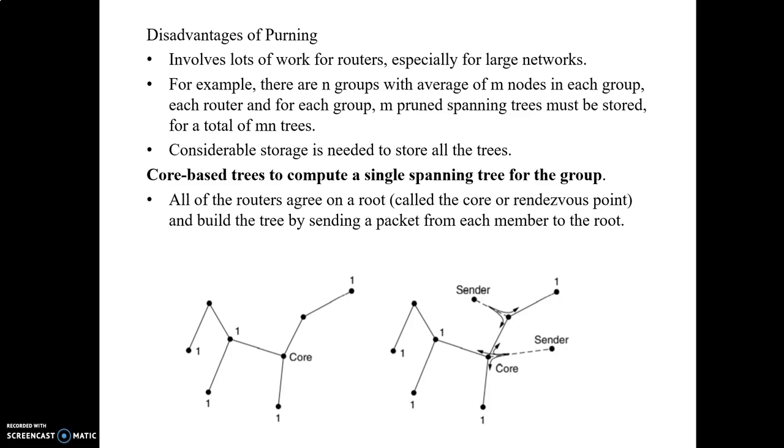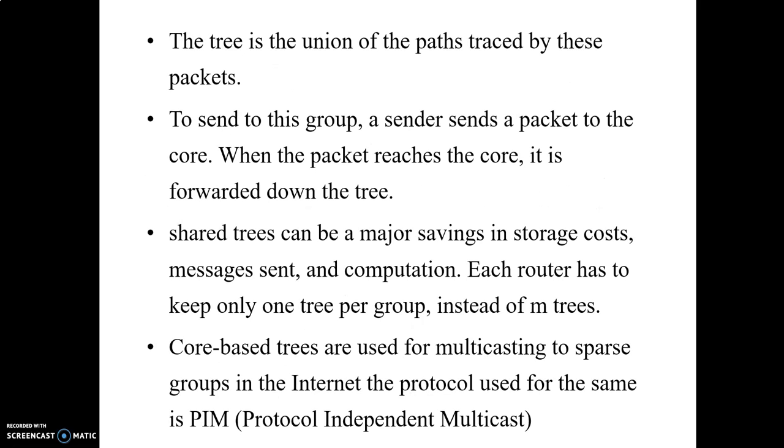Here all the routers agree on a root which is called a core and build the tree by sending a packet from each member to its root. Now this core has the information of all your multicast trees. So instead of each of the routers maintaining the multicast trees, one router which is called the core maintains all this information. The tree is the union of paths traced by these packets to send to this group.